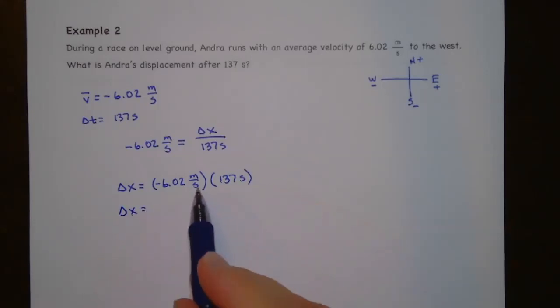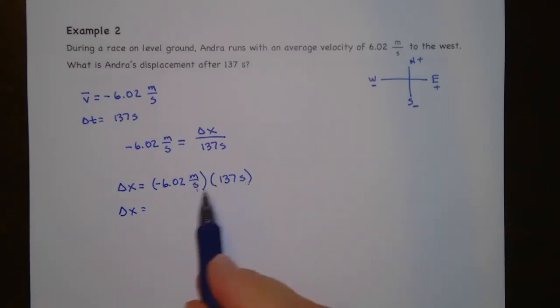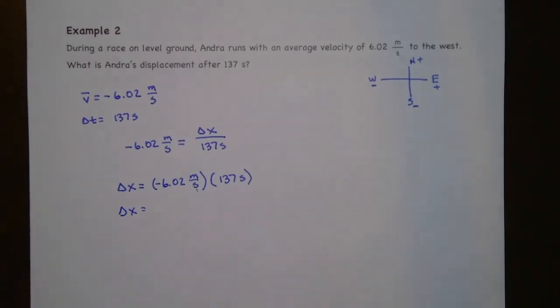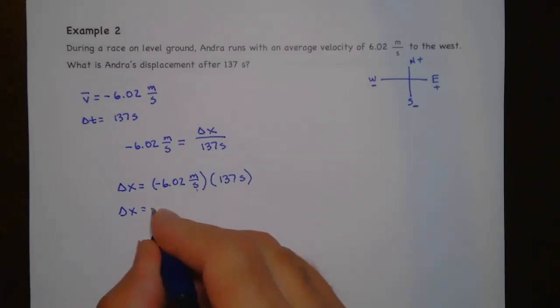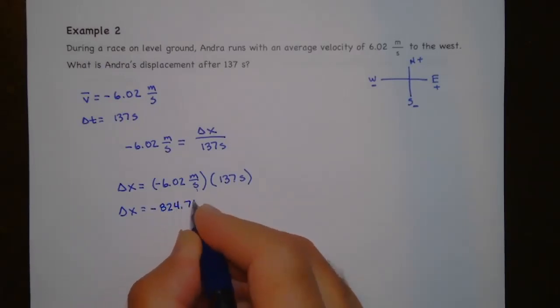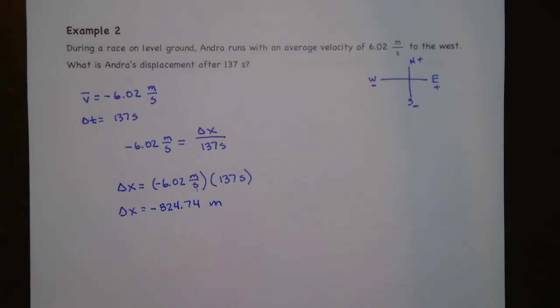Now notice, I'm dividing by seconds, but I'm also multiplying by seconds, so those are going to cancel each other out like we did in dimensional analysis. So this is negative 6.02 times 137, and we get negative 824.74 meters. Now that's way more significant figures than we should have.